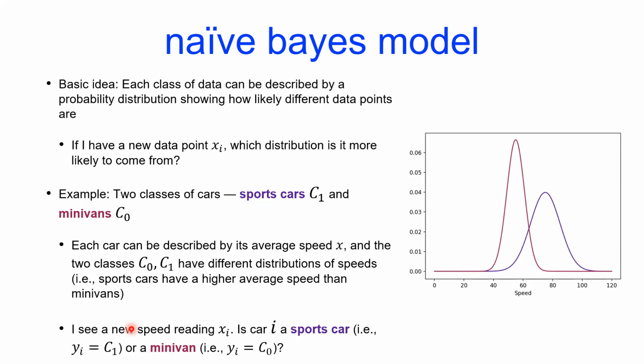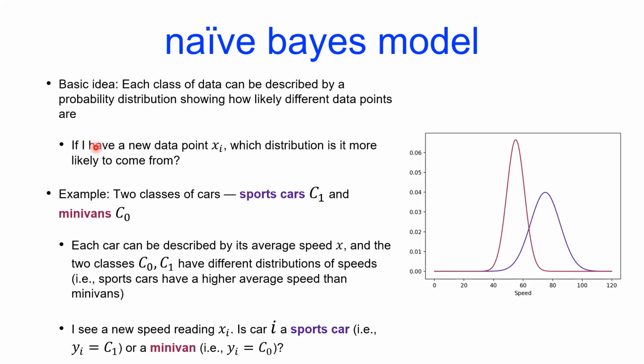But if you are brave enough to assume a lot of independence, your model reduces to a very simple model, and you can make decisions very quickly. So the basic idea is that each class of data can be described by a probability distribution, showing how likely different data points are.